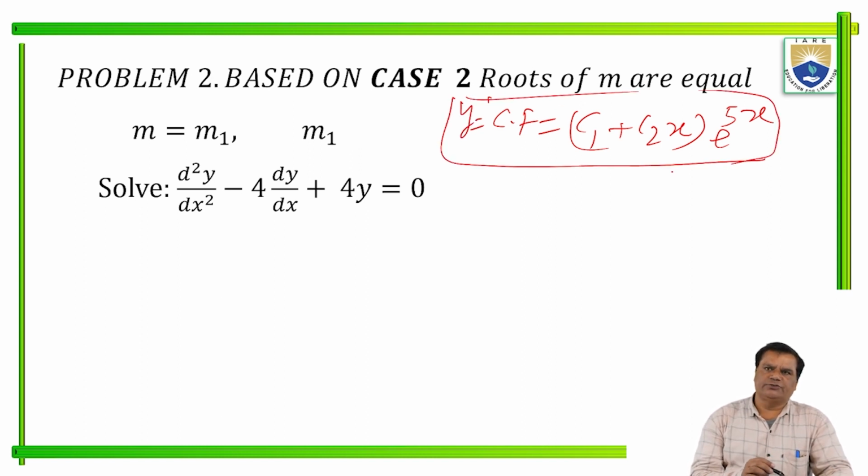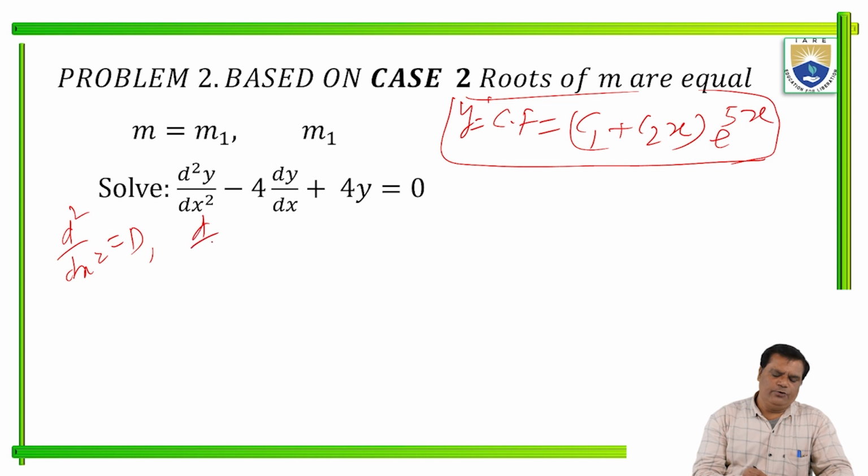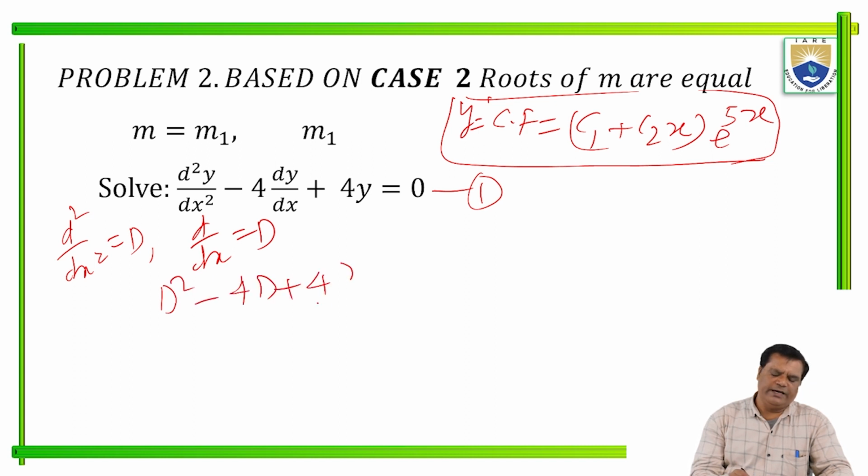Similarly, we can solve this one. d²/dx² is D², and d/dx is D. So I am writing equation 1 here: (D² − 4D + 4) y = 0.